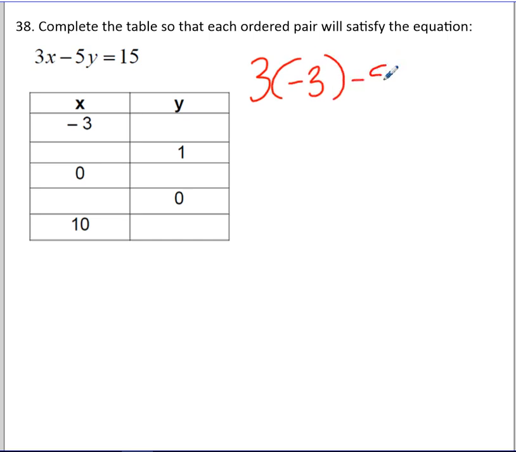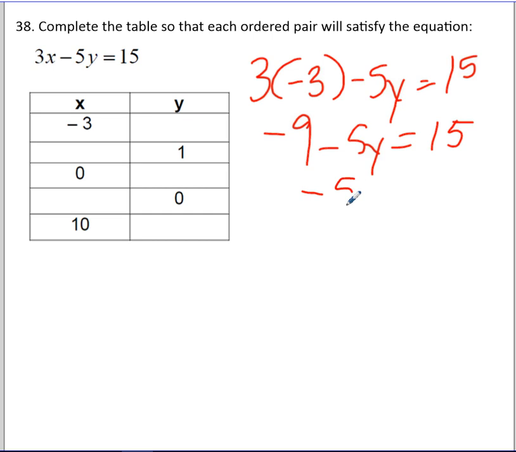And then minus 5y equals 15. So we'll simplify our multiplication and we get -9 minus 5y equals 15. We'll add 9 to both sides, and so that will give us -5y equals 24.